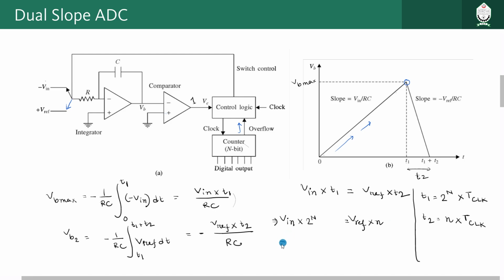And we can say that the number of times we have counted up to here is equal to v in divided by v ref multiplied with what, 2 to the power n, right? So you see here from this one we can definitely say that n is proportional to v in. The number of times we have counted up to in the t2 duration is proportional to the analog voltage we have provided. So proved that the digital output we have got is actually the proper digital representation of the analog signal we have provided.